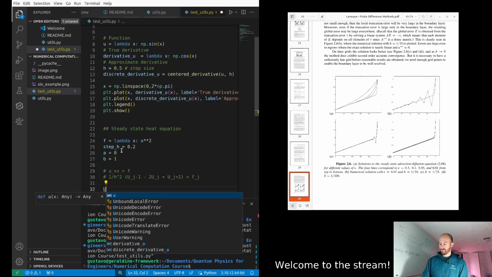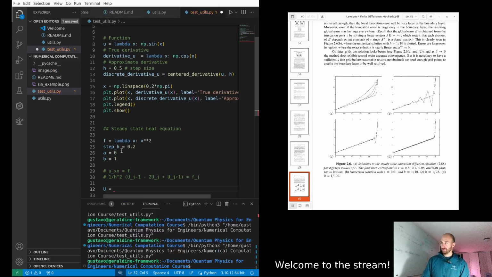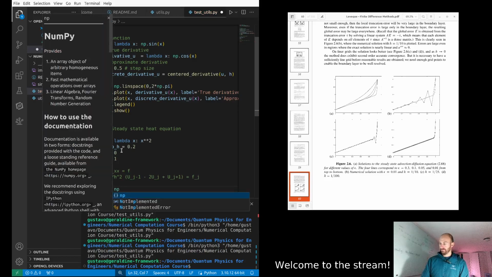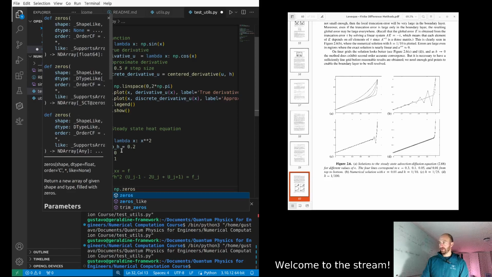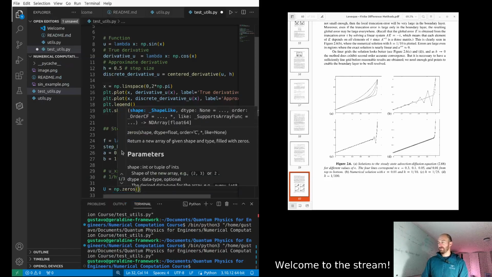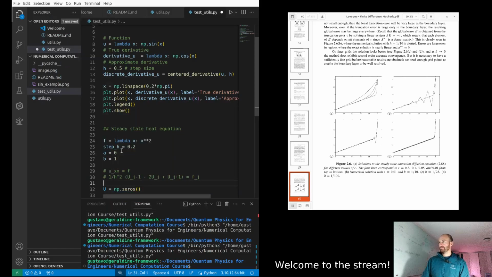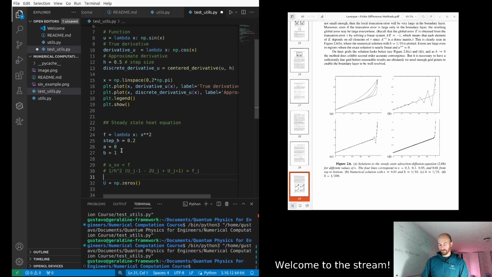So u is a vector, and we don't really know its value, so let's initialize it with... oh sorry, actually we should, let's go part by part. So this is the equation.